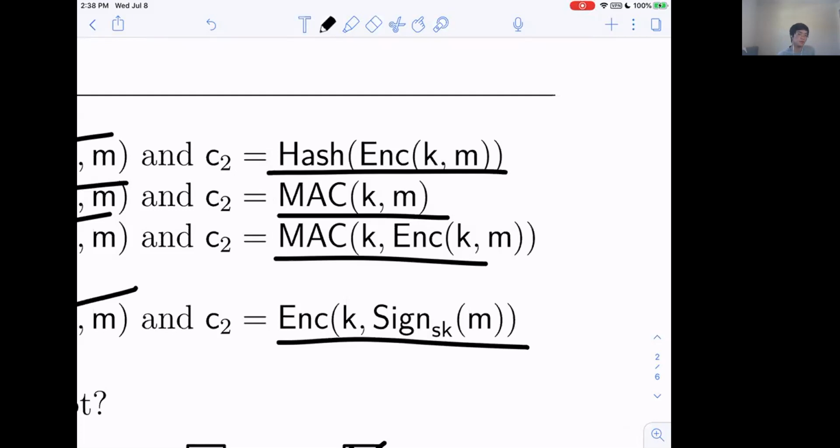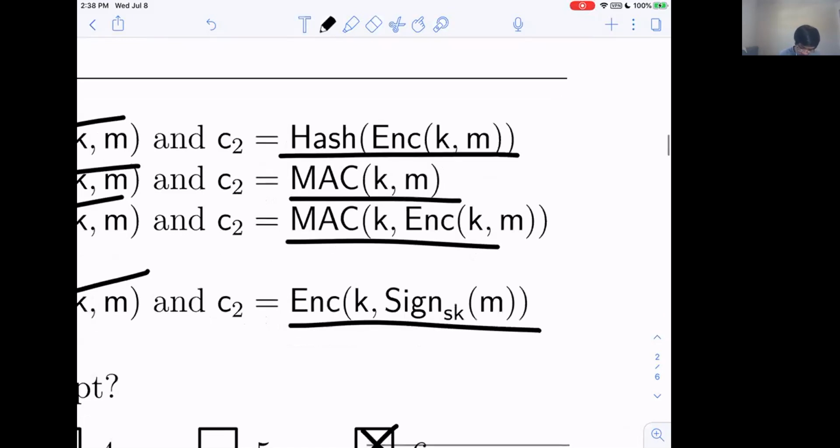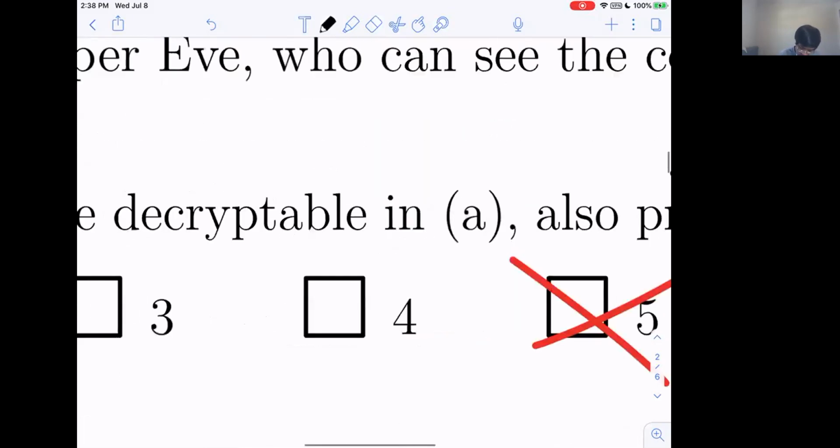So that encryption is going to be probabilistic, if that's what you're thinking about. So C2 will change. C2 is not deterministic, so it should be confidential. Right.